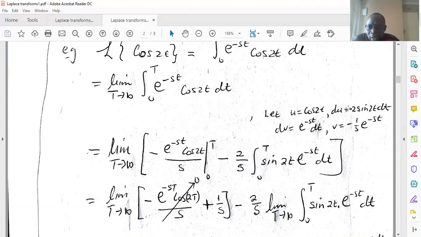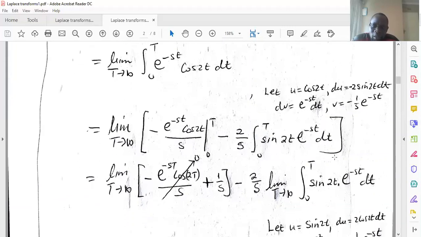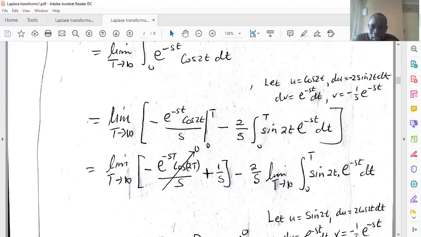So it's minus 2 times minus 1 over s times sine 2t e to the power minus st dt. So now we have this integral is not vanishing. So let's try and basically evaluate this component here and leave this as is.